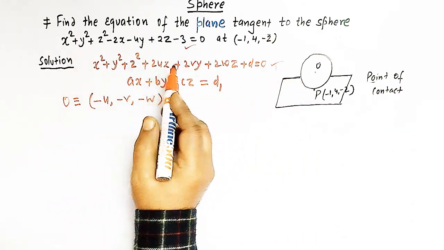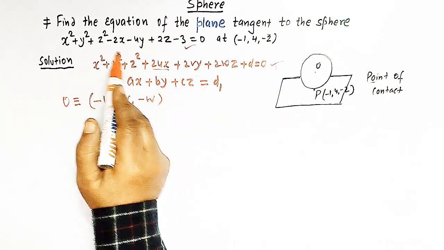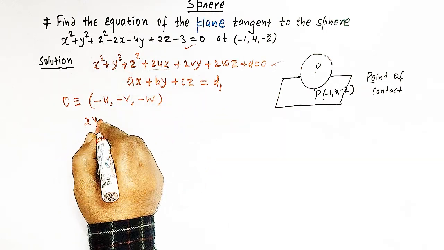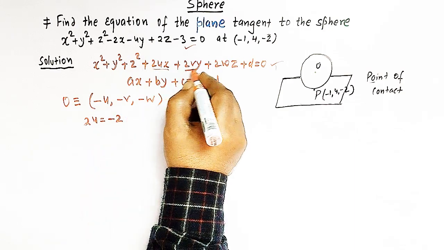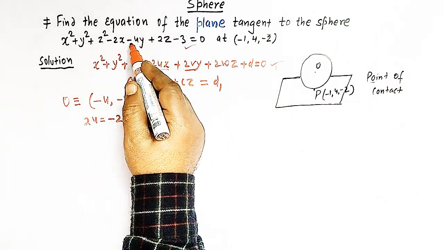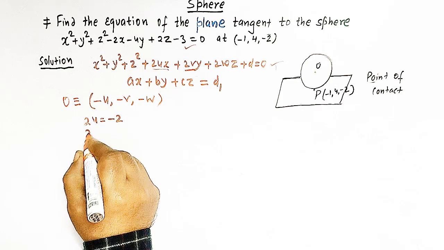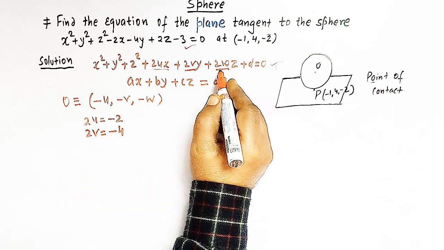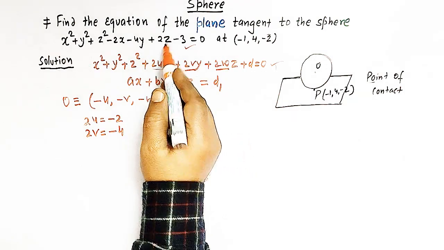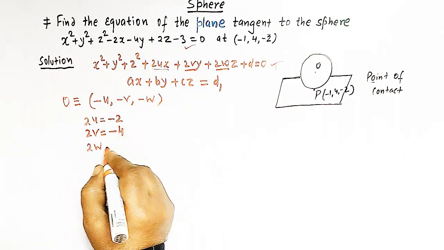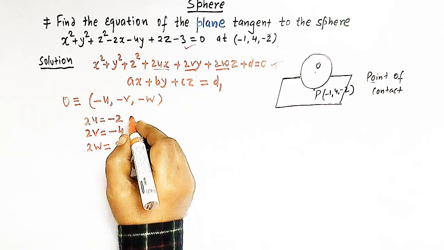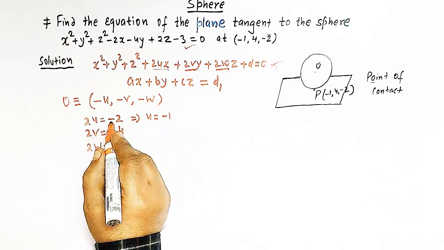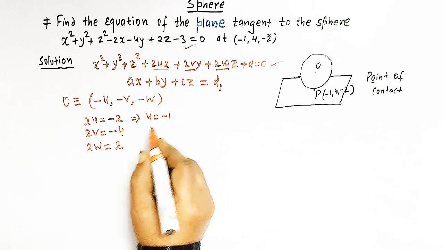So now let us compare this equation with this one. So here we have 2ux, and here we have minus 2x. So 2u is equal to minus 2, and here we have 2vy, here we have minus 4y. So 2v is equal to minus 4, and here we have 2wz, and here we have 2z. So 2w is equal to 2, right? So from here we have u is equal to minus 1, because minus 2 over 2 is minus 1.